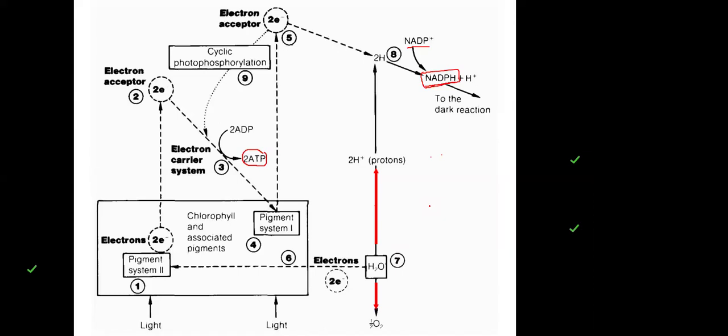So if the light stage doesn't happen or it happens very slowly, then the dark stage will be severely impacted. Why? For two reasons: very little ATP will be formed and very little reduced NADP will be formed. Two very important products that are going to be utilized in the dark stage. So that is what I said.